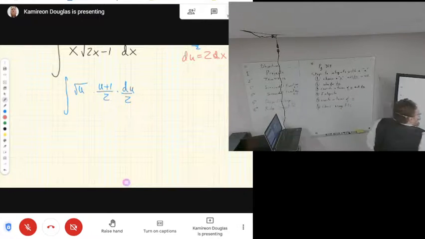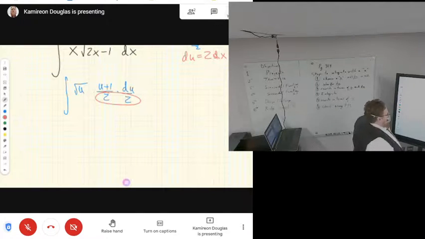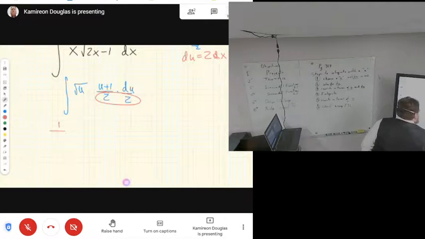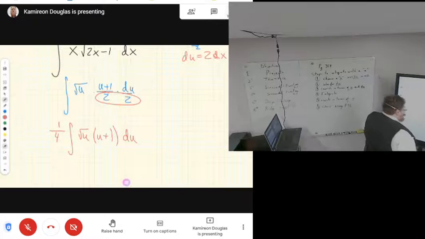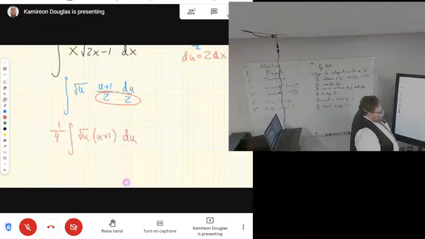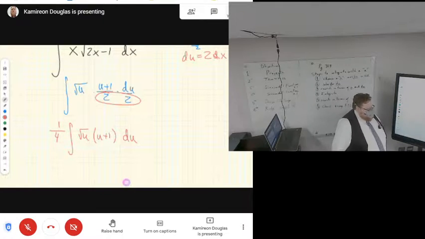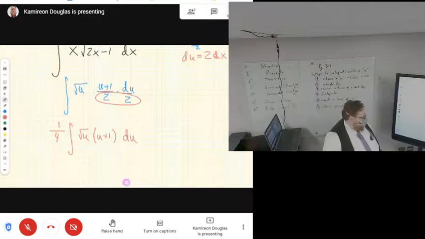I'm going to take these 2's in the bottom. They're constants. I'm going to move them out. 2 times 2 would be 4, so I'm going to put a 1/4 out front. Integral, leaving me with the square root of u times u plus 1 du. That's a terrible one. Yep, you gotta distribute that square root of u to each piece.